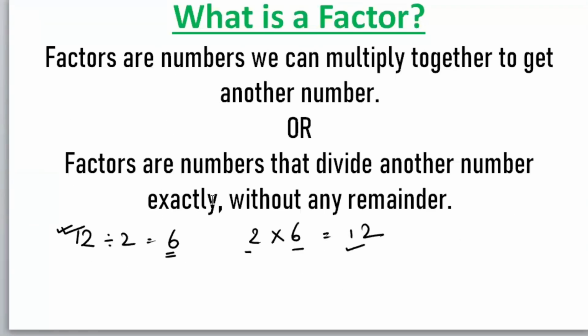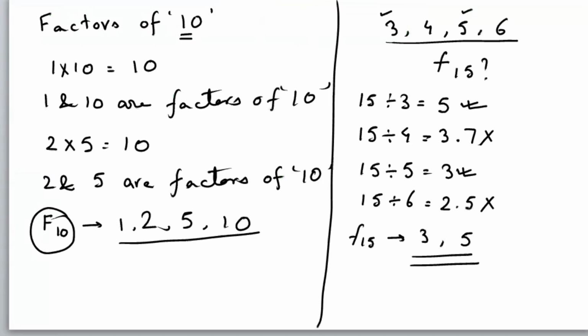To recap what we learned today, we learned about factors. What are factors? Factors are numbers we can multiply together to get another number, or numbers that divide another number exactly without leaving any remainder. We also learned how to find the factors of a certain number, and how to find them if options are given.